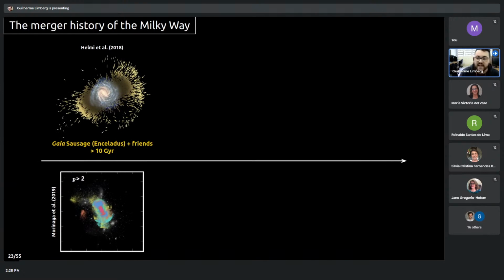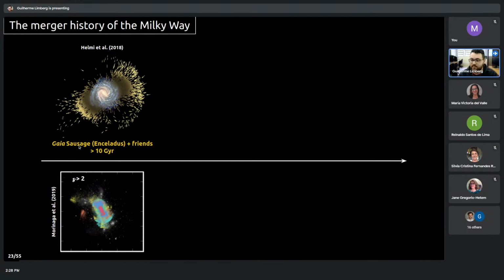And then we can tell the merging history of the Milky Way as a sequence of its most significant merging events that happened over the past 10 billion years. First, 10 billion years ago, there was the accretion of this Gaia-Sausage or Gaia-Enceladus galaxy, and other smaller dwarf galaxies were probably accreted before that.